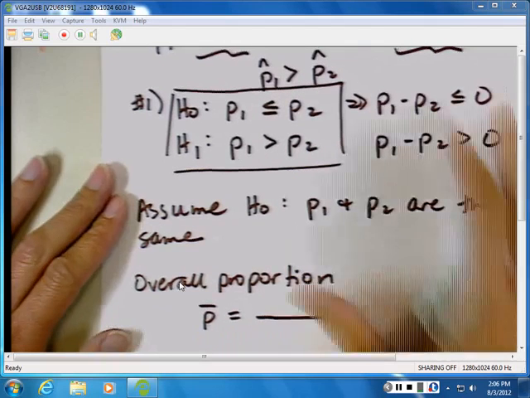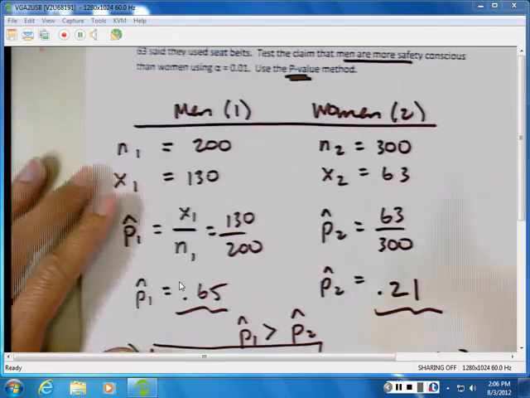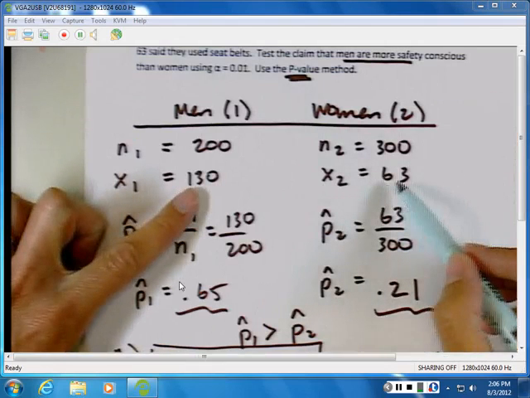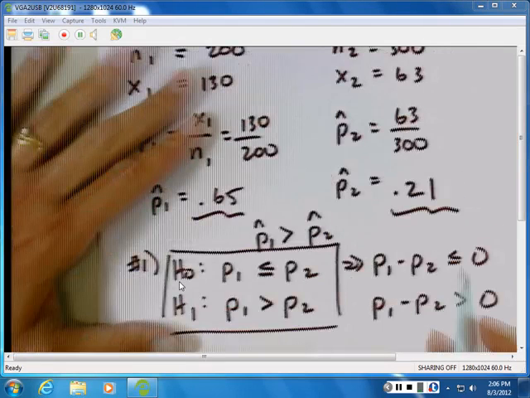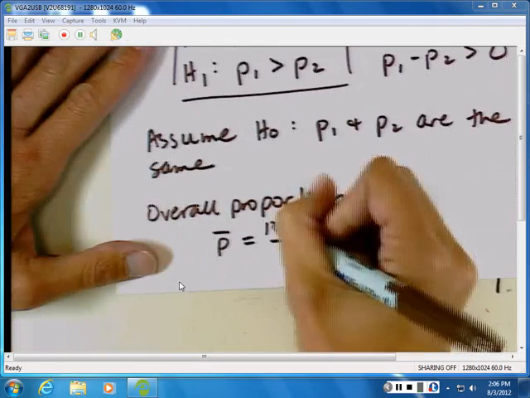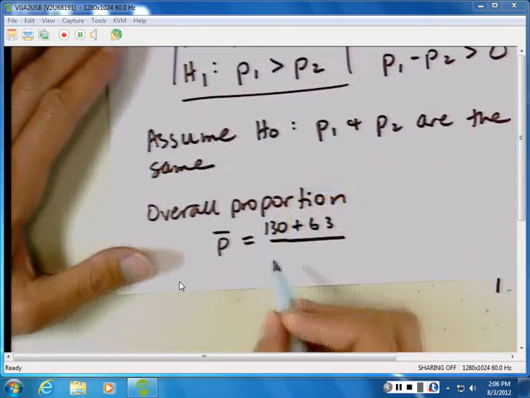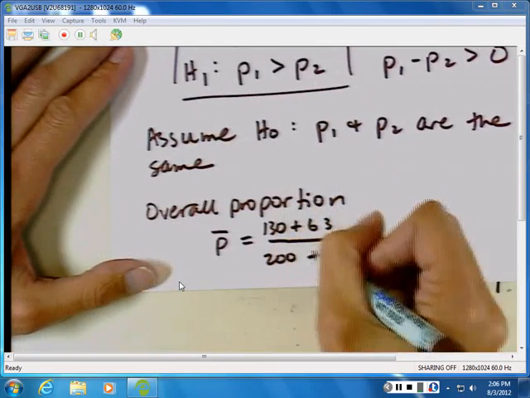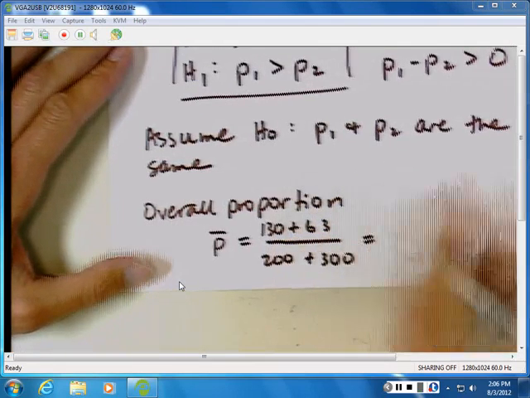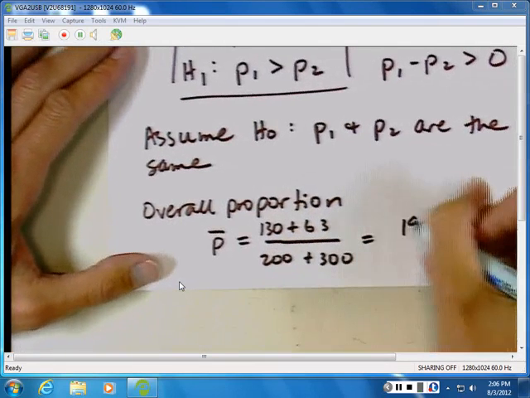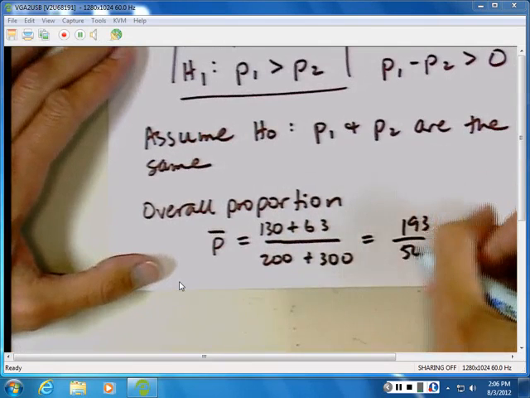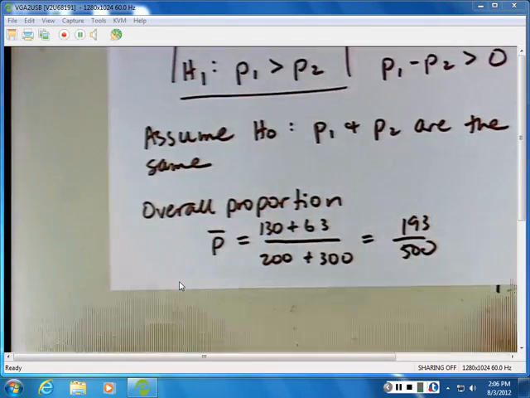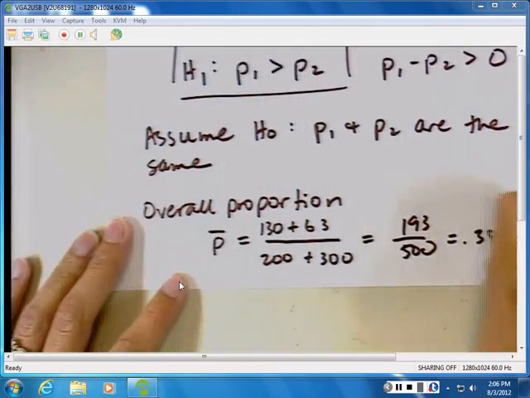Everybody that wore a seatbelt that we talked to, doesn't matter if you're a man or a woman, that would be 130 of the men and 63 of the women. So everybody that wore a seatbelt, 130 plus 63 divided by everybody in the sample. Well, everybody in the sample, there were 500 total between those samples. So what is that? 193 over 500. So I take 193 divided by 500, and I get 0.386.